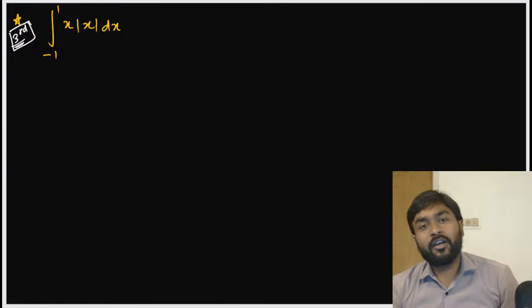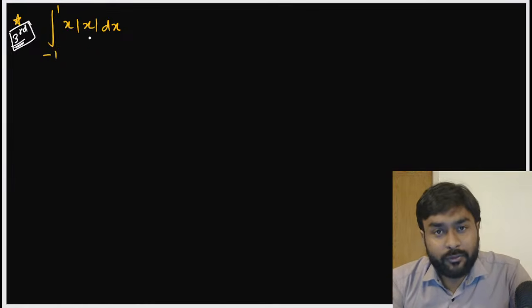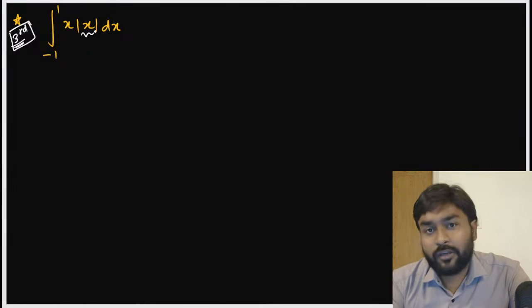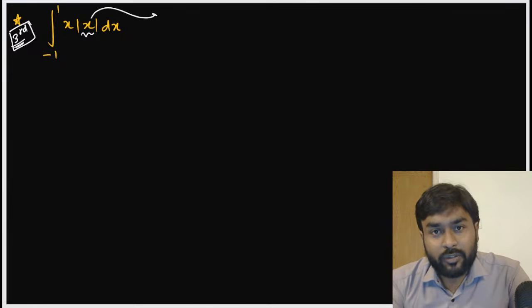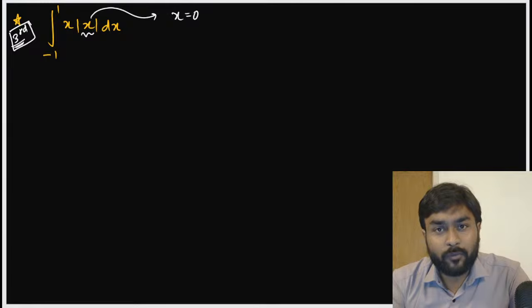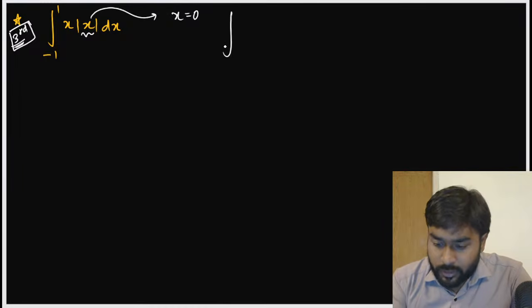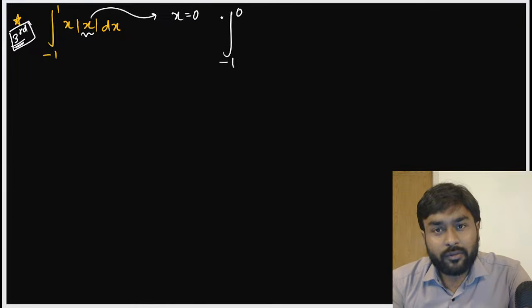So how can we break? Again, I will tell you, we break this x when it becomes 0. It is becoming 0 at x equal to 0. So we have to break at 0. So this limit is -1 to 0. Correct. Any number you can take in between this, and you can write it in this modulus.